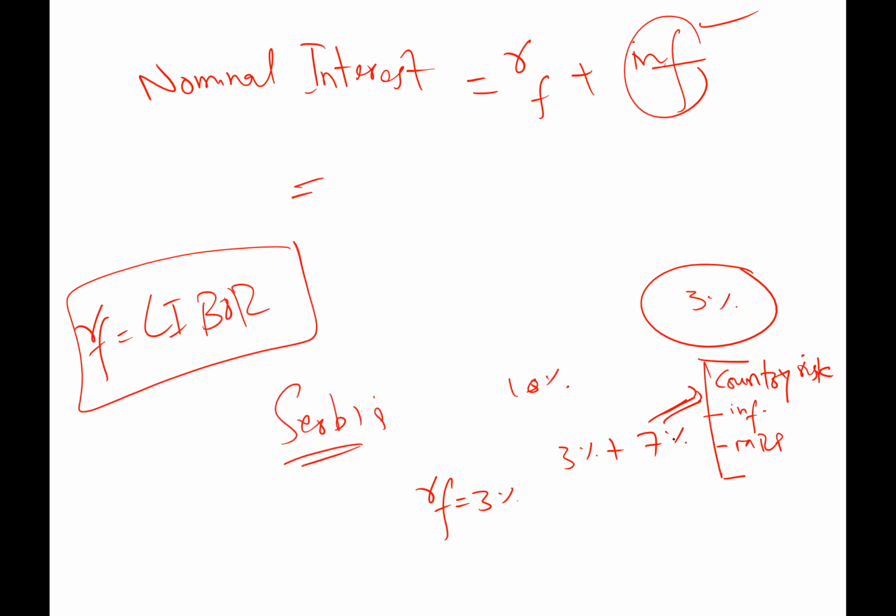So there are components of interest rate. This is the finance theory. In financial management, we'll talk about this interest. It says that risk-free rate plus some kind of other risk, which is country risk, inflation risk, or exchange rate risk, also covered in country risk, maturity risk, default risk, and there are many others.